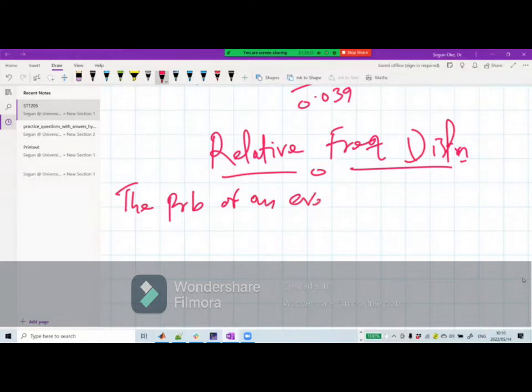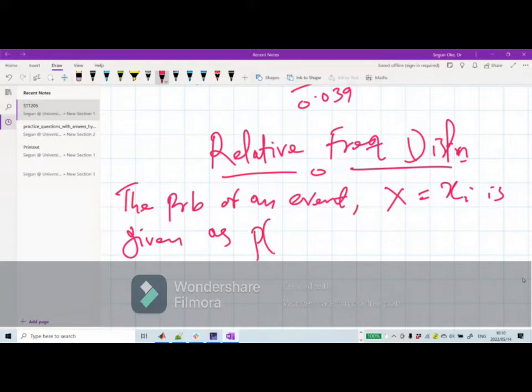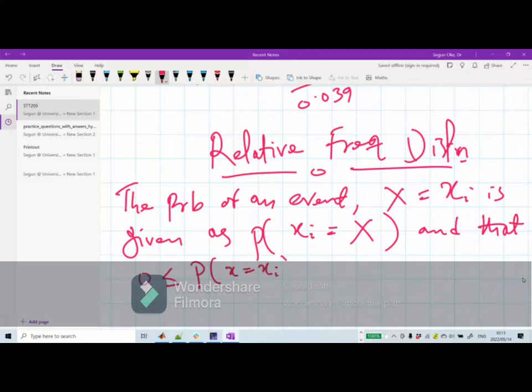You recall that we discussed this last week: the probability of S equals xi is given as the probability of Si to be X. That's a probability, and 0 is less than or equal to the probability of S equals Si, which is less than or equal to 1.